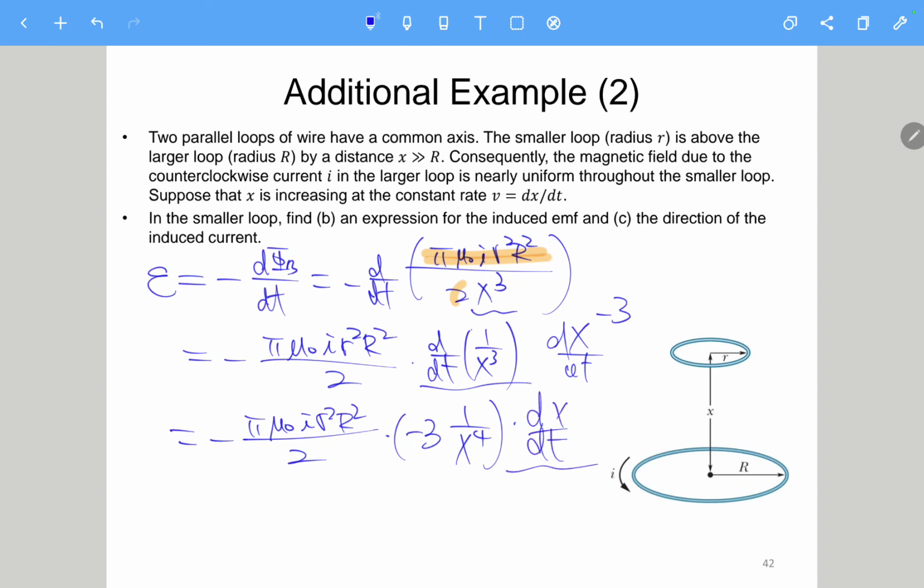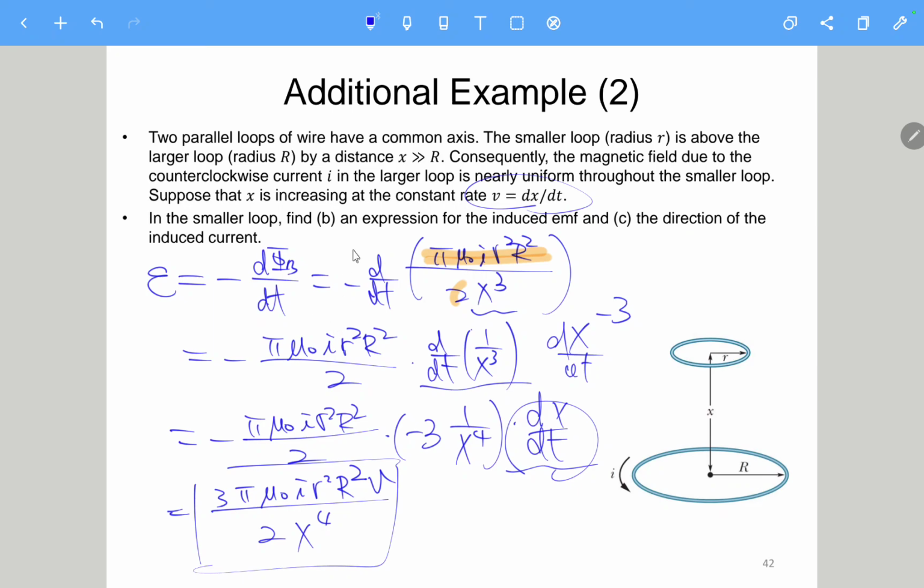Finally, the expression is 3 pi mu 0 I small r squared capital R squared v over 2x to the 4th power, where dx dt is v, the velocity, not the voltage. This is the closed form expression.